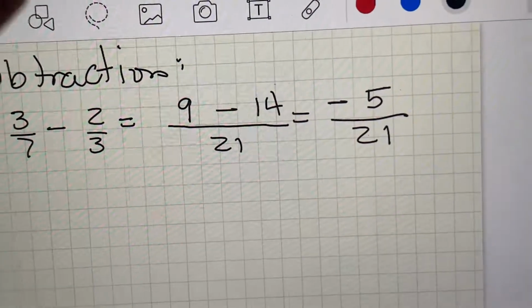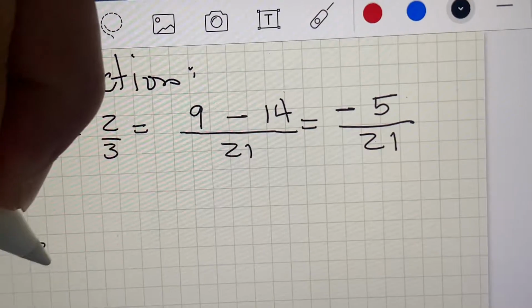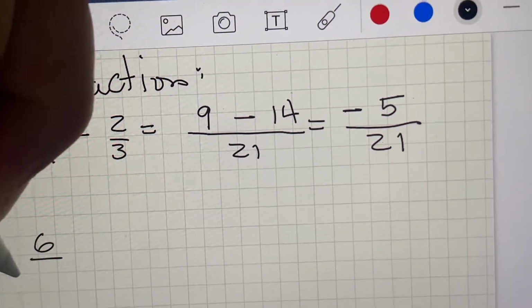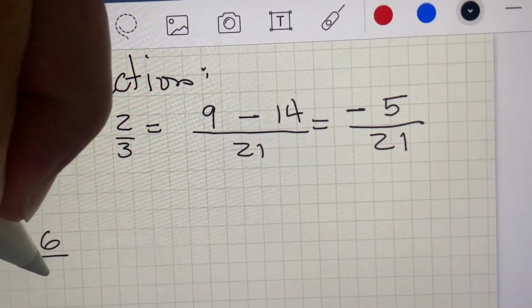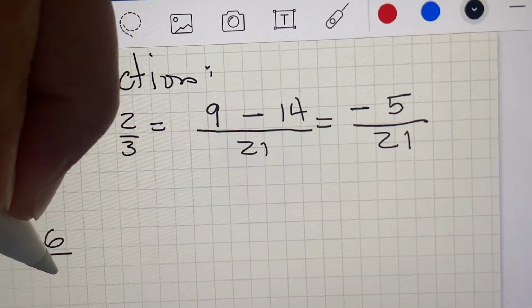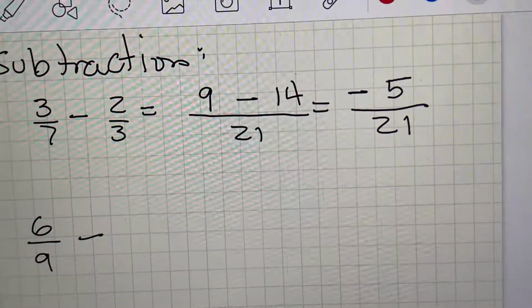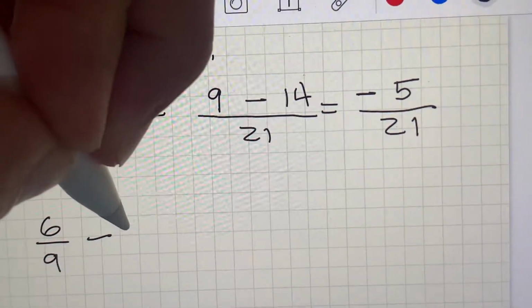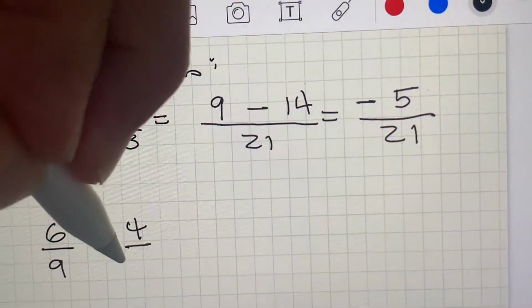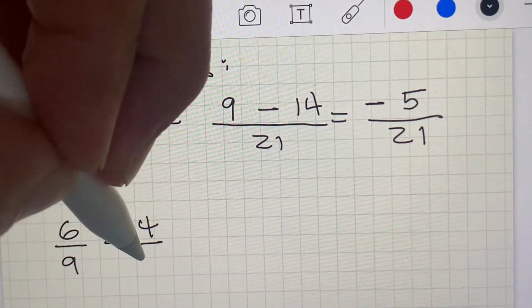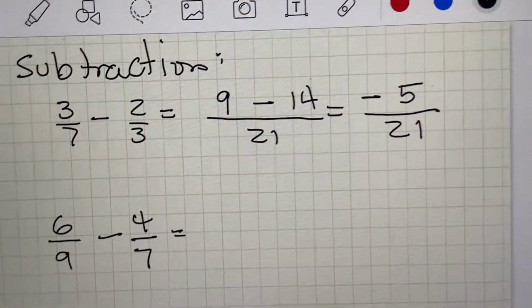Another example. Let's think of 6/9 minus, let's see, 4/7. Okay.